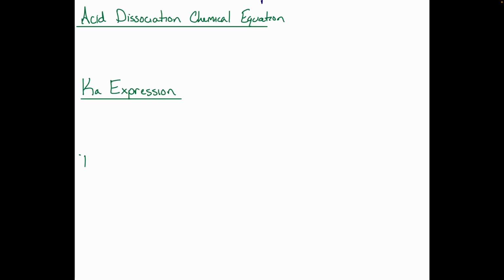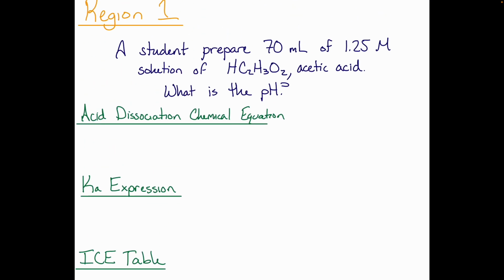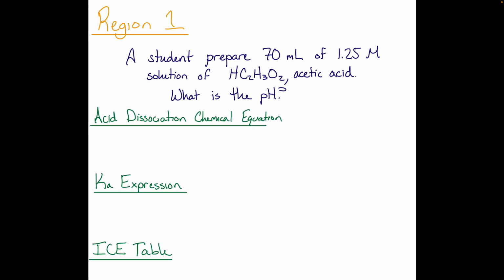And then finally, we're going to have to use an ICE table to find our equilibrium values and plug them in. All right, this is the exact strategy that we learned for calculating solutions of weak acids, because I haven't started my titration yet.